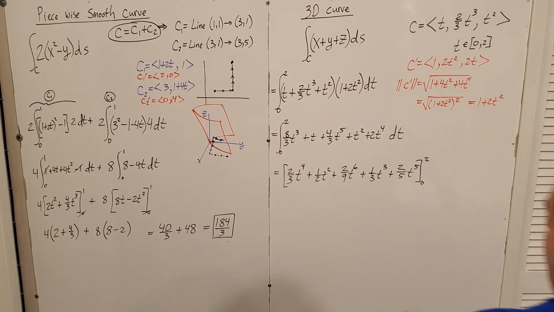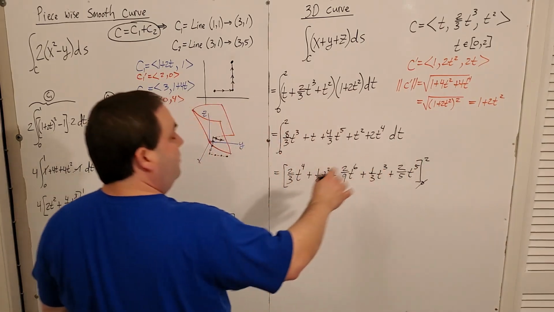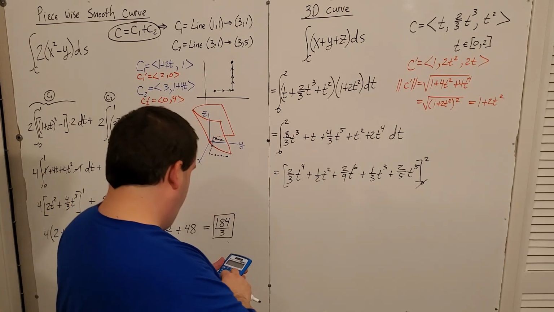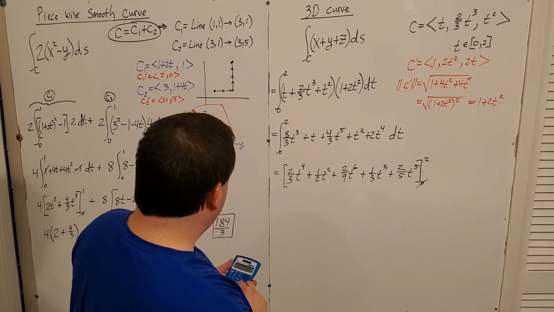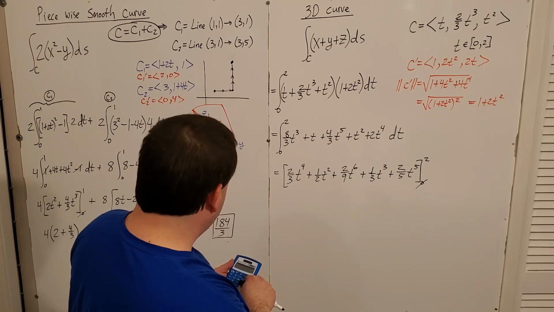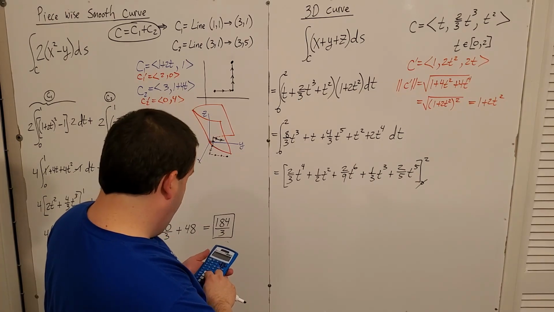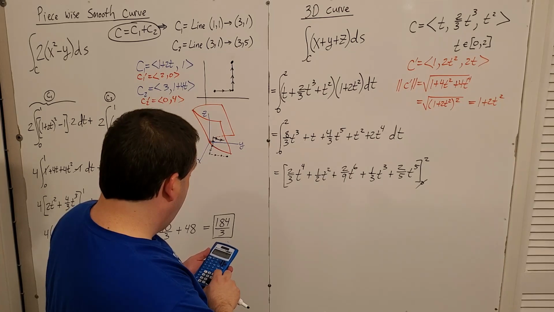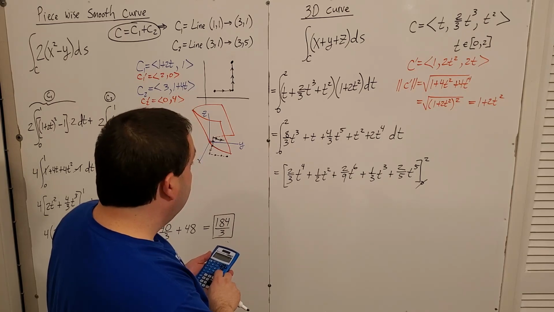Just for time's sake, of course, when I plug in 0, all of these are 0, so I'm not even worried about that piece. I'm just going to punch it up for us to save me some time and you from wasting time with things you already know how to do. So 2/3 times 2 to the 4th is 16, plus 1/2 times 4, that's 2, right?